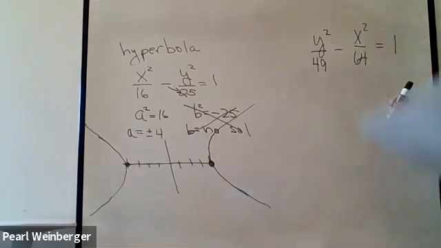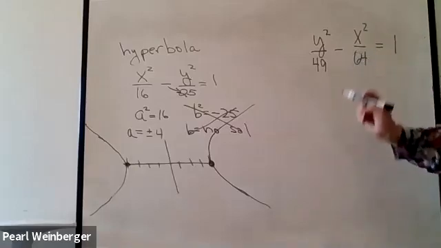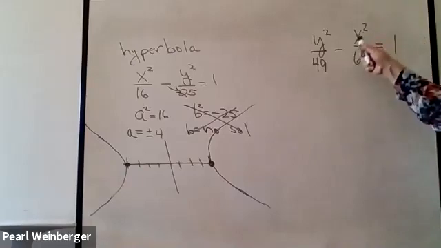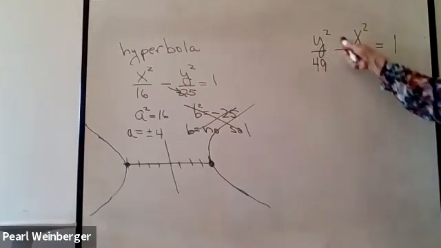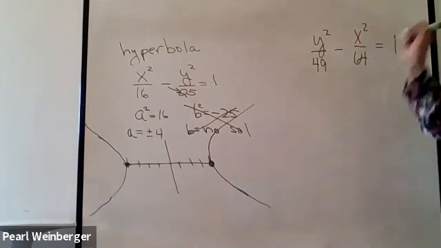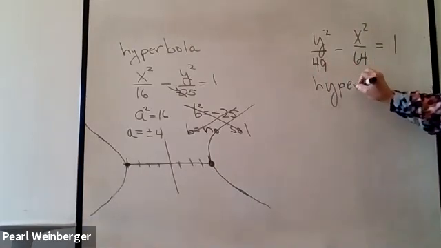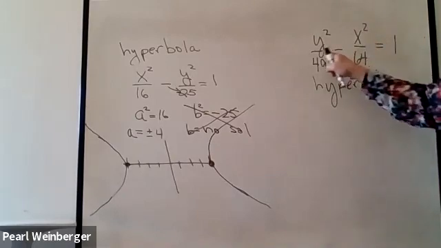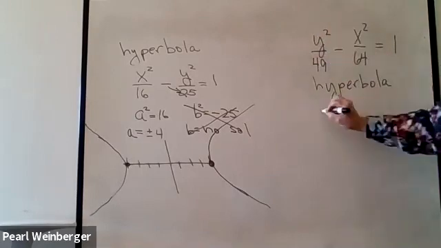I look at this equation, and they didn't even tell me what it is, but I know right away that it has to be a hyperbola because I see an x squared and a y squared term, but connecting the terms is not a plus, it's a minus. That makes it a hyperbola. And because the positive one is the y squared, we're going to get y-intercepts.